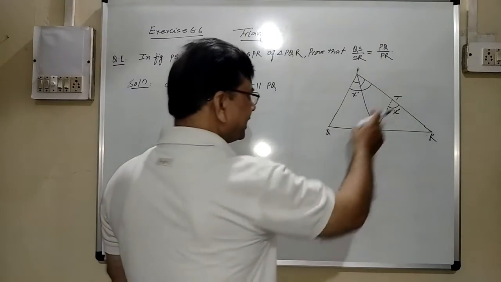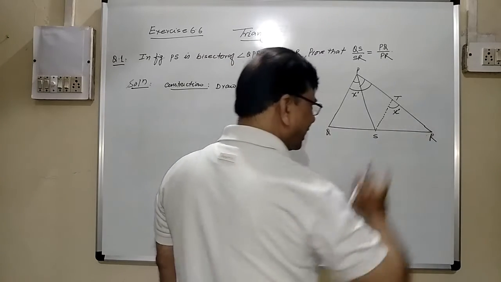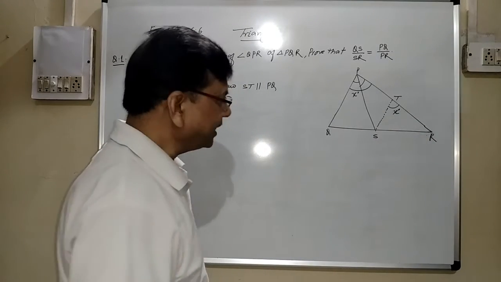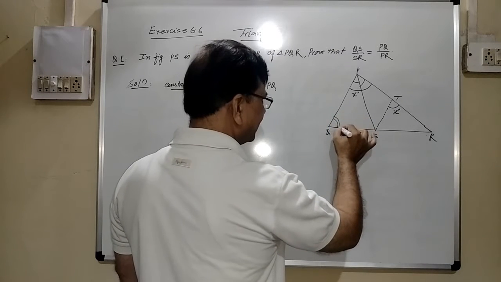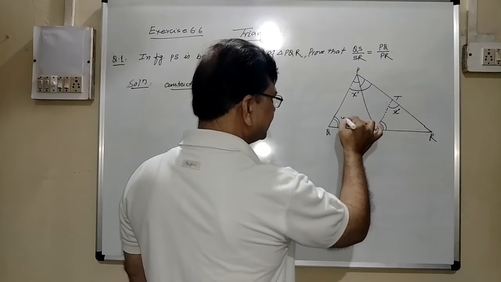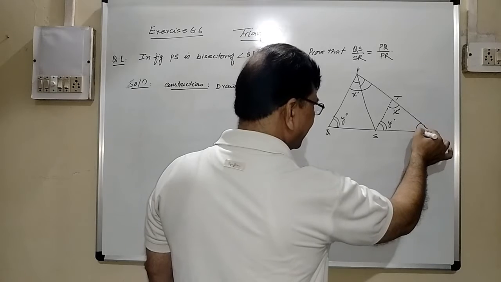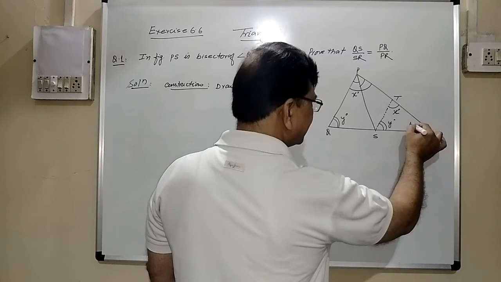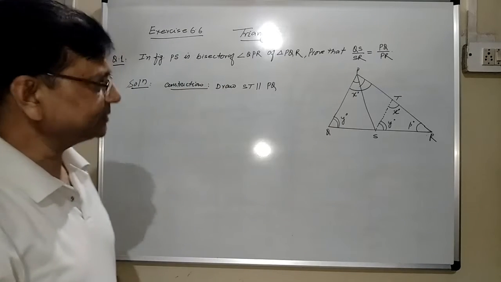And these two are parallel, and QR is the transversal, so the corresponding angle will be equal to this angle. Suppose it is Y degree. And this angle, suppose it is P degree, is common in both the triangles.